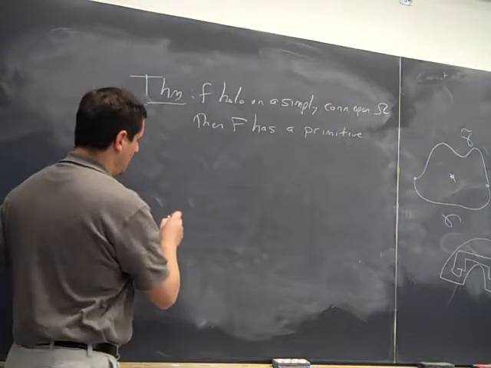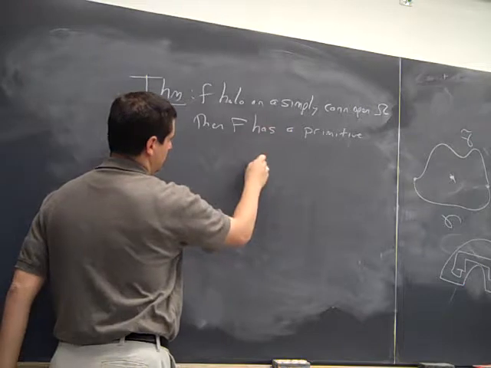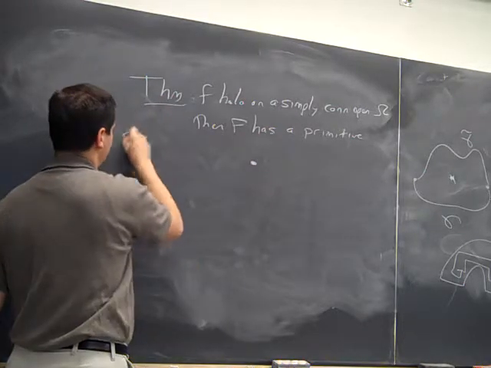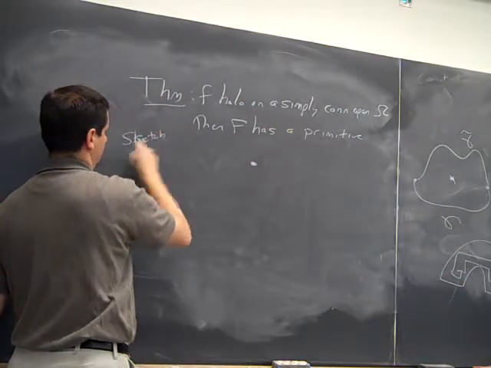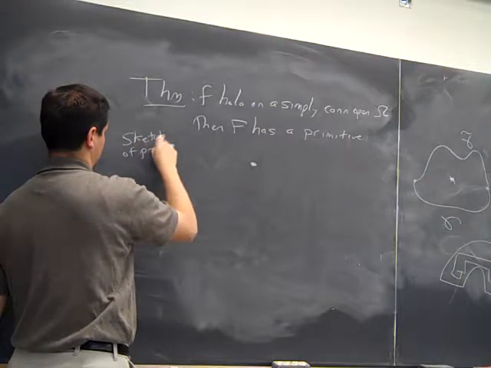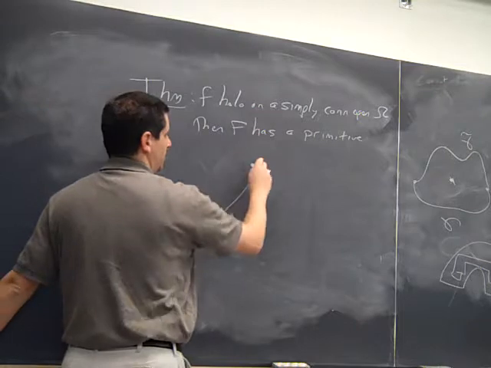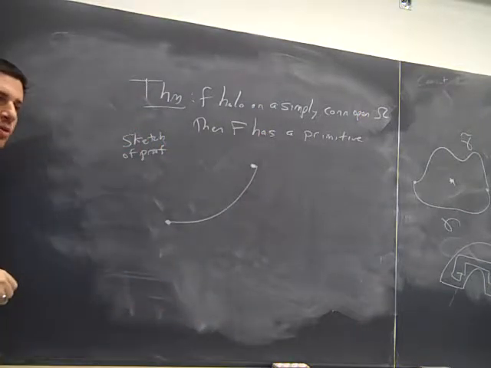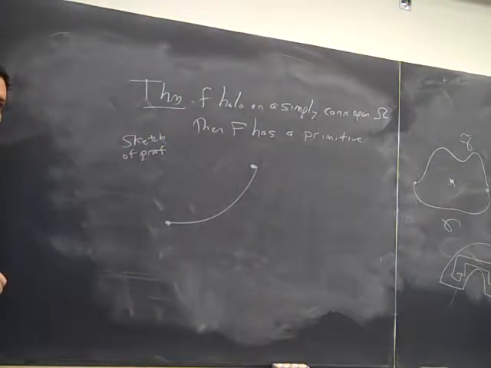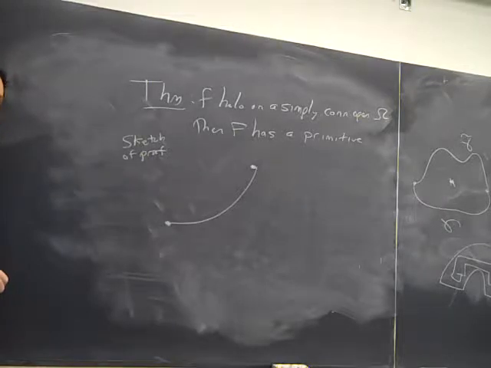Okay? So let's imagine I have 2 points, and so this will be a sketch of the proof. Literally, a sketch. Okay? I have 2 points, and I have some curve that connects them. I need to show that I get the same answer no matter what curve I use.